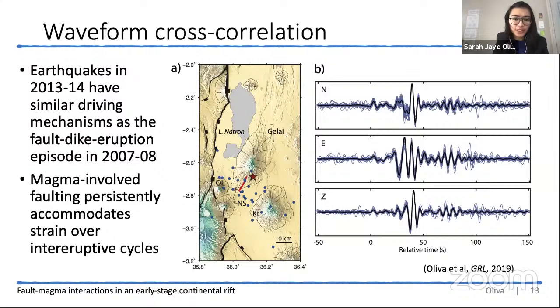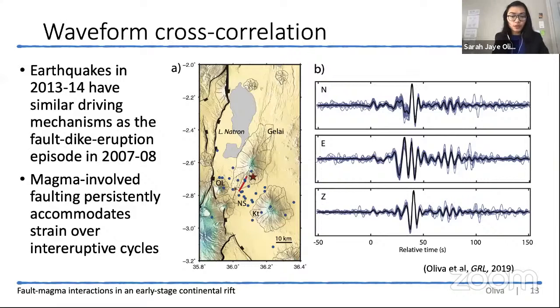And we propose that these earthquakes probably also occurred more clustered around the sill complex and where the dike occurred in 2007. It's important to note that the earthquakes we find are similar but not identical, which can be expected in magmatic regions where strain is distributed over fractures above the intrusion as opposed to just slipping the same fault.